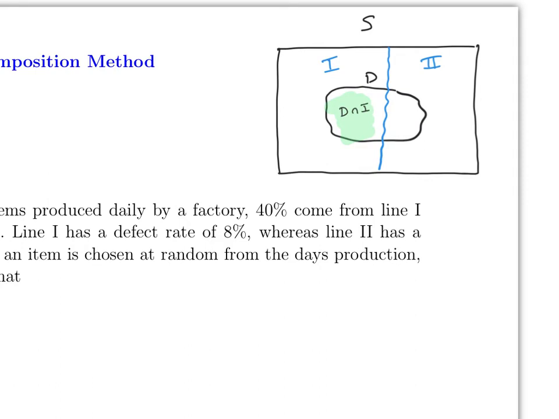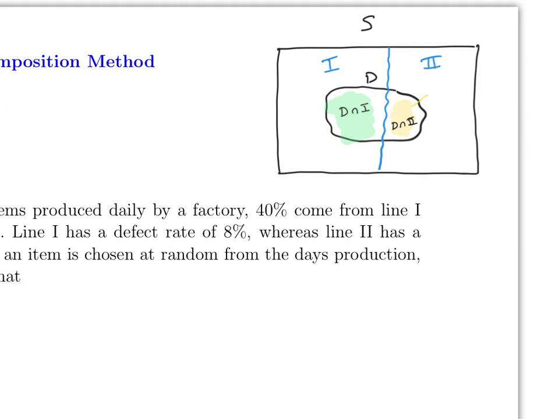And this part highlighted now in yellow is technically D and 2. So if you want to figure out D, you find this probability and this, and they are mutually exclusive, so you just have to add the two.